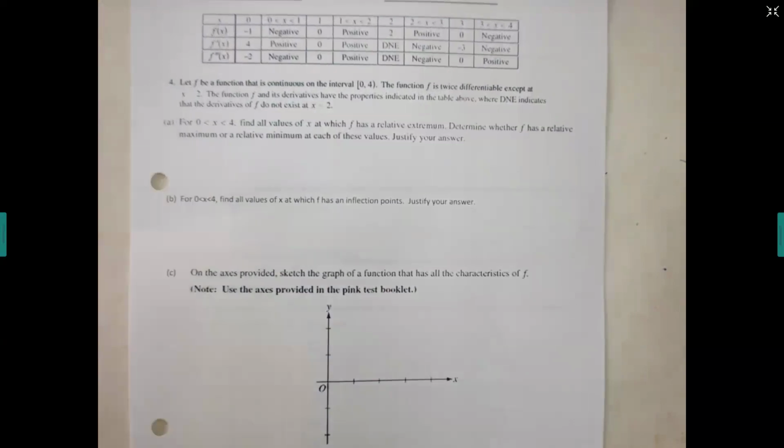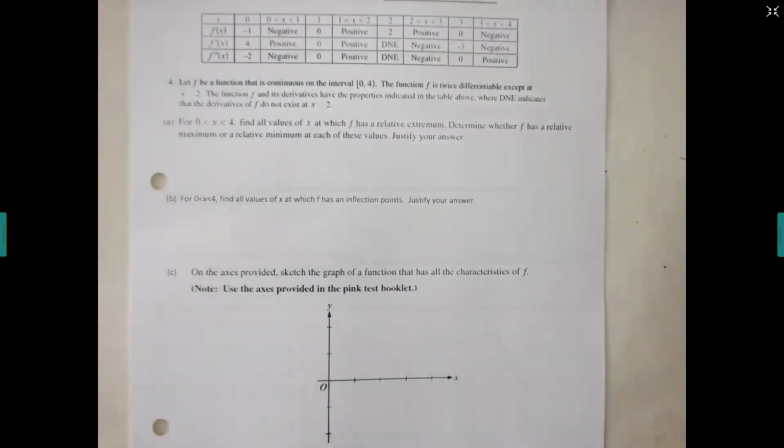All right, let's do one more of these and see how we do. Okay, do part A. You can do it. That's okay. You're doing great. Okay, the structure of this question is super similar.